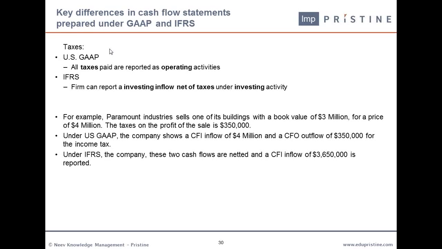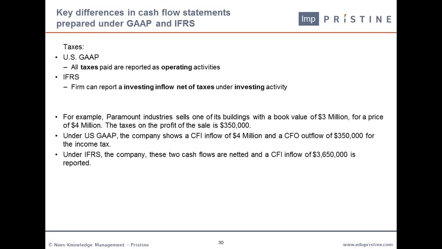So what this basically means is, here's an example. A company sells one of its buildings with a book value of 3 million for a price of 4 million. The taxes is $350,000. So in case of US GAAP, it shows an inflow of 4 million and an outflow of 350,000.